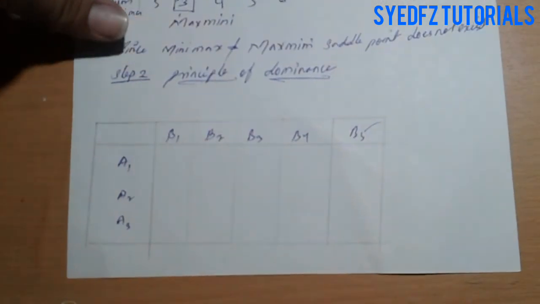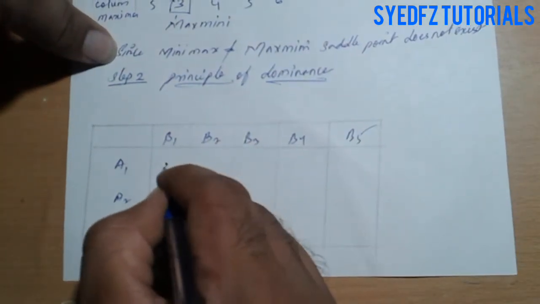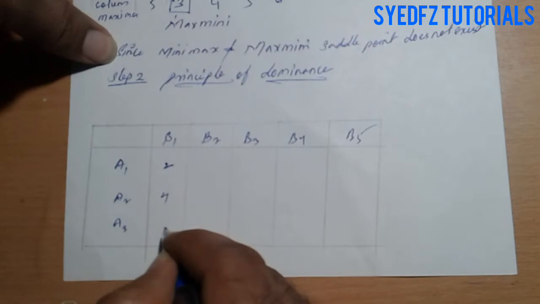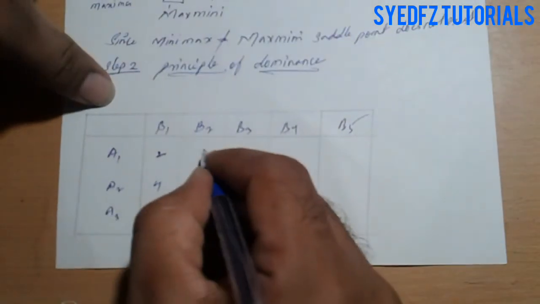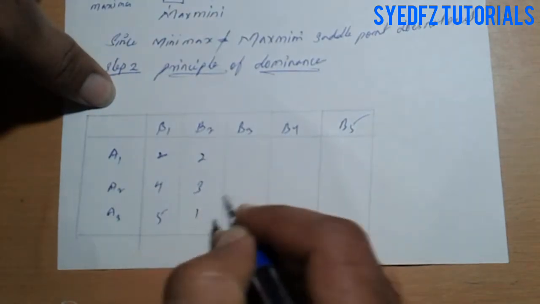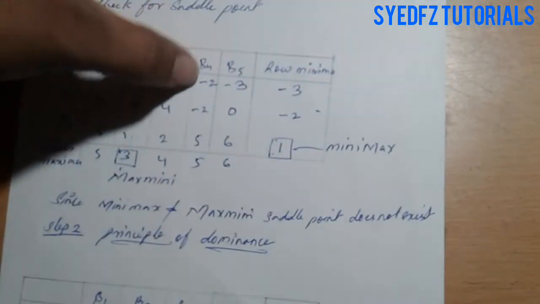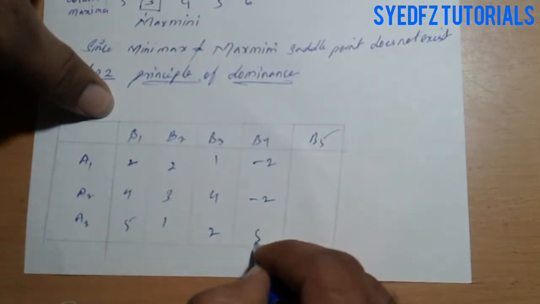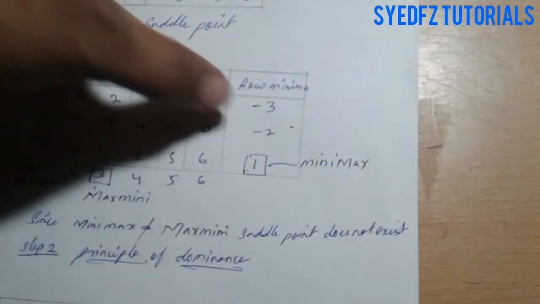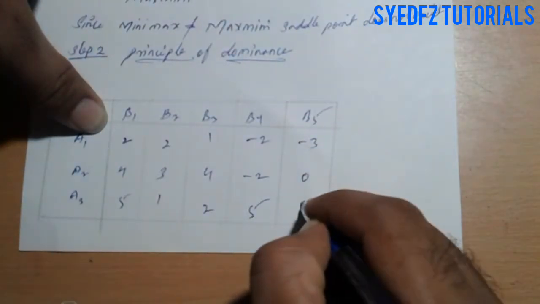First enter the values from the table: 2, 3, 1, then 1, 4, 2, then minus 2, minus 2, 5, then minus 3, 0, 6.